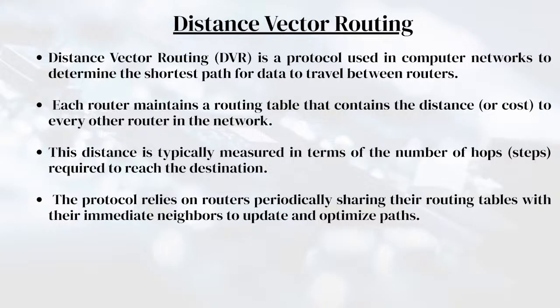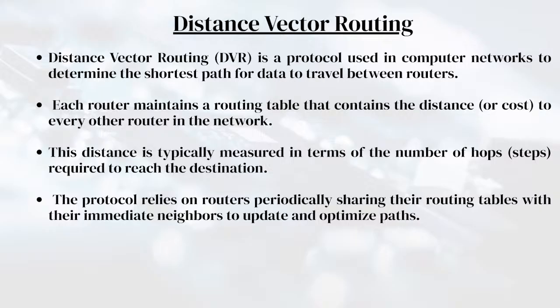This distance is typically measured in terms of the number of hops or steps required to reach the destination. The protocol relies on routers periodically sharing their routing table with their immediate neighbors to update and optimize the path.